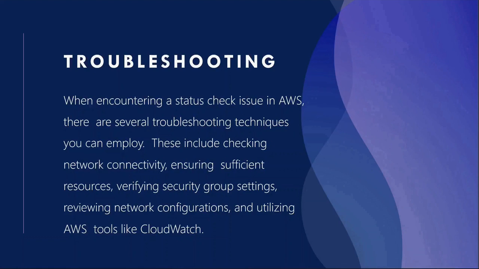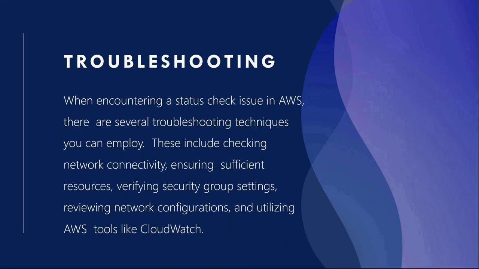When troubleshooting a status check failure, you should look into what kind of status check failure it is. Is it a hardware failure? Is it a software failure? Or are both failing? In different cases, you use different approaches. If it's a hardware failure, you basically restart the system or try to see what is wrong with the system.